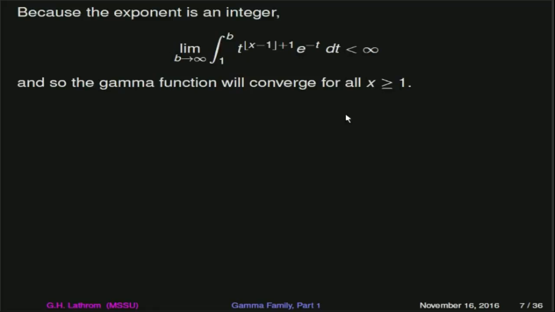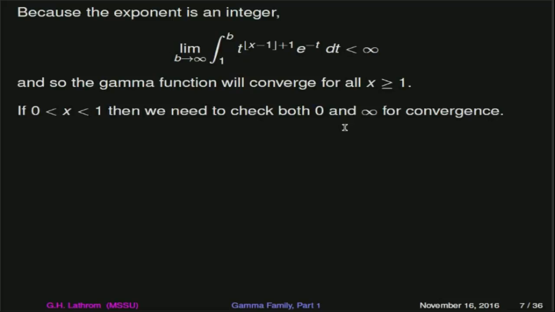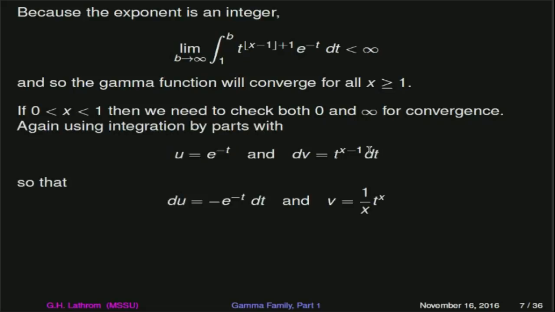Now, kind of the last thing that we need to check is what happens if we pick an x value between 0 and 1. Well, in this case, now we need to check for convergence at both 0 and infinity. So again, using an integration by parts, we've got u as e to the negative t and dv as t to the x minus 1 dt.